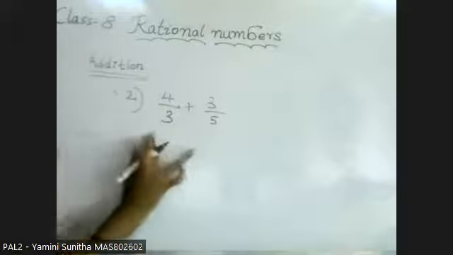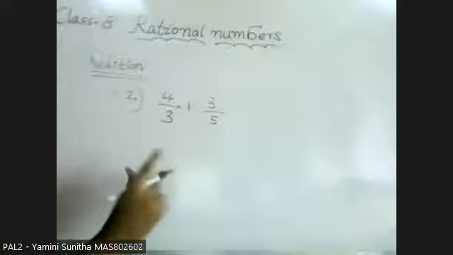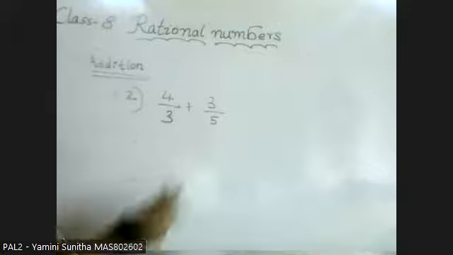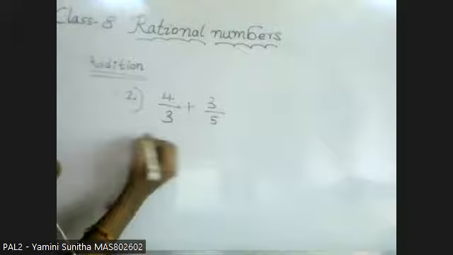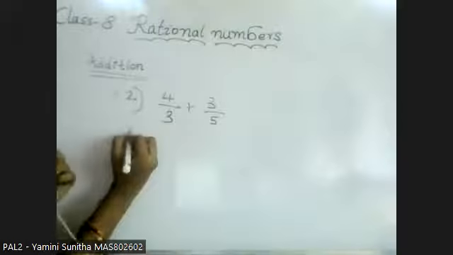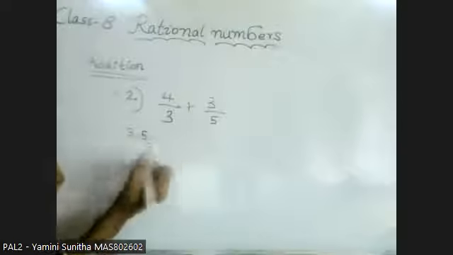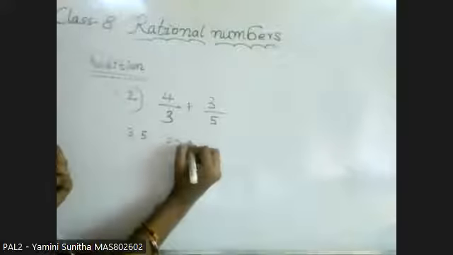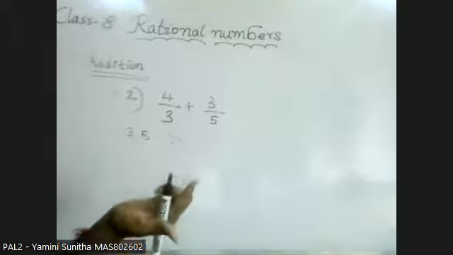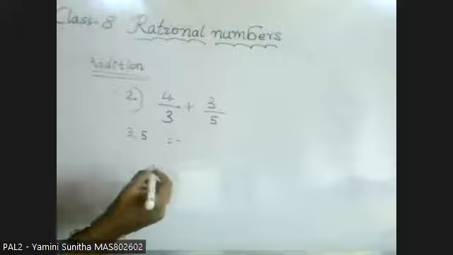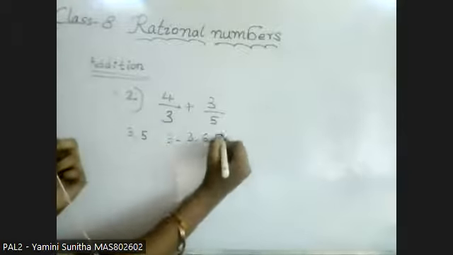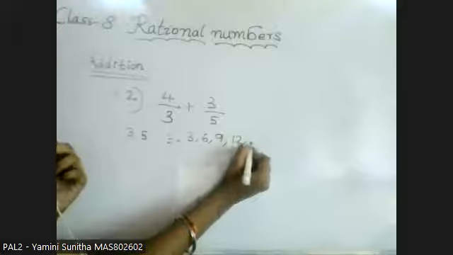We have to write the equivalent fractions of these until the denominators are equal. So this is a long process. So how to do it? Simply we have to find the LCM of 3 and 5. Let us write the multiples of 3: 3, 6, 9, 12, 15.